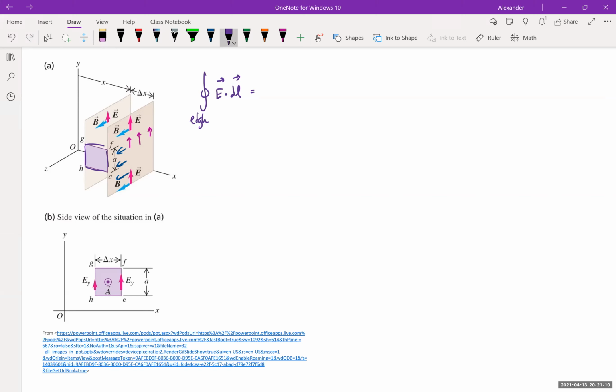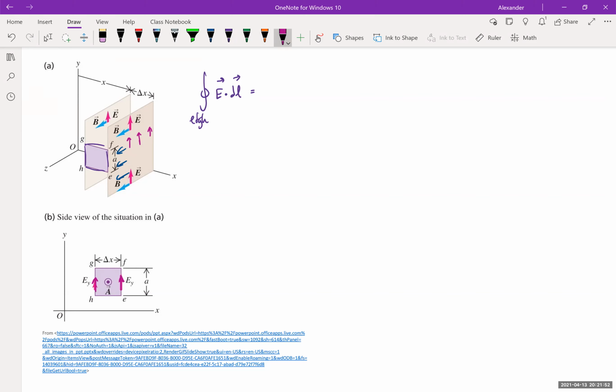E points only in the Y direction. So only this side and this side, only those two paths, EF and GH, have a non-zero dot product, E dot DL. Along path EF, the electric field strength is constant.